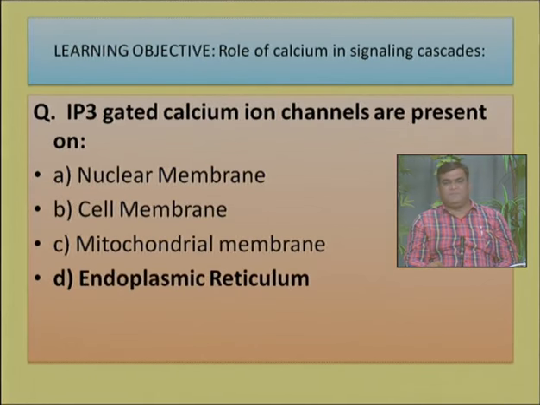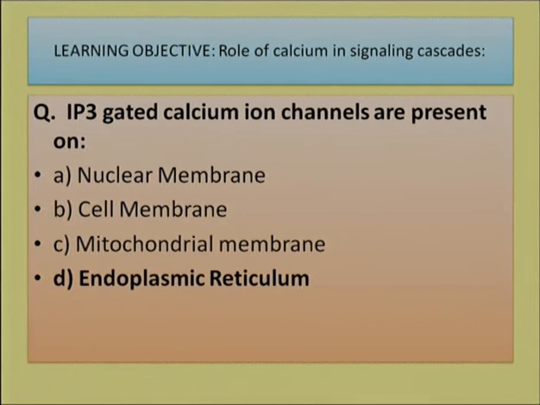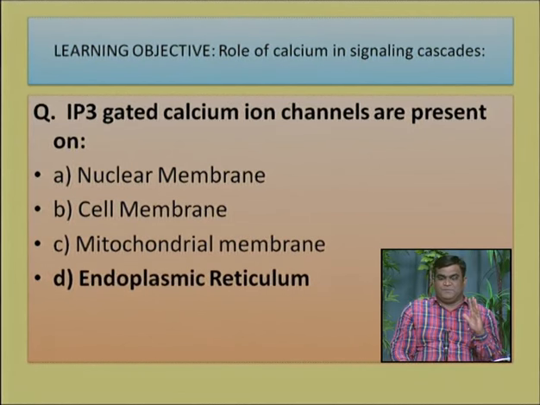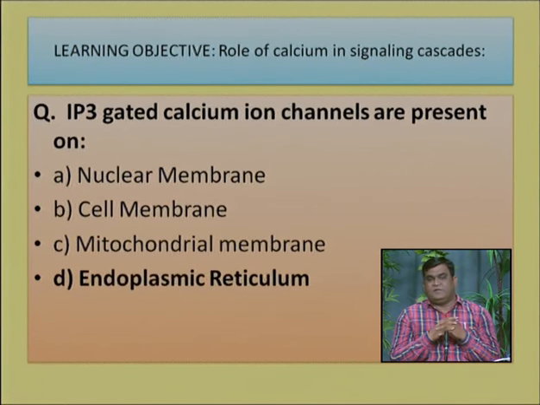Now in this part, it is being asked, IP3 gated calcium ion channels are present on. We have already discussed that extra calcium in the cytoplasm or the cytosol, a higher concentration of calcium ions in the cytosol, is very dangerous and is considered toxic.